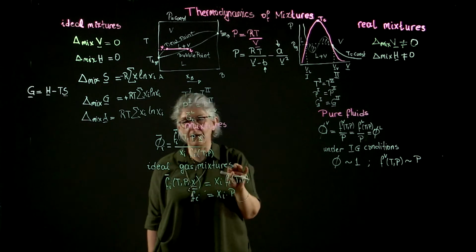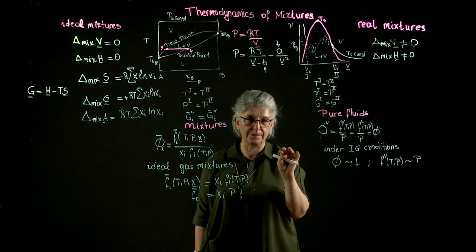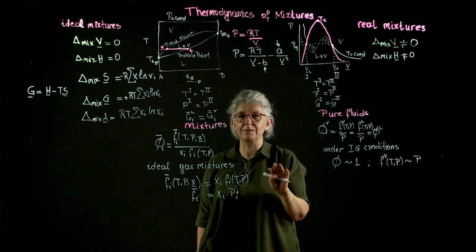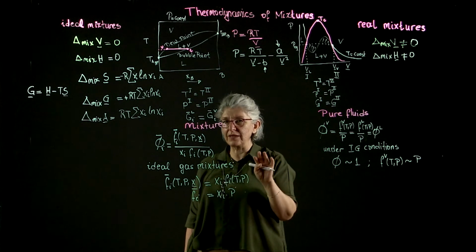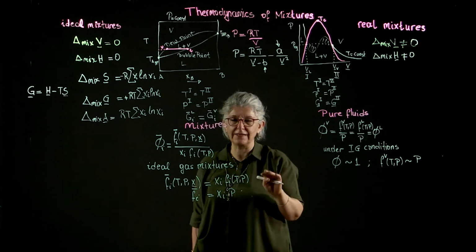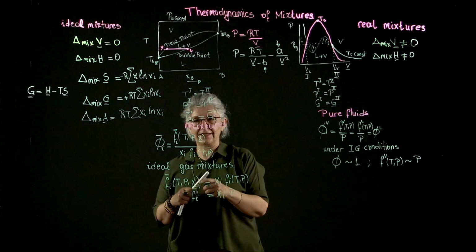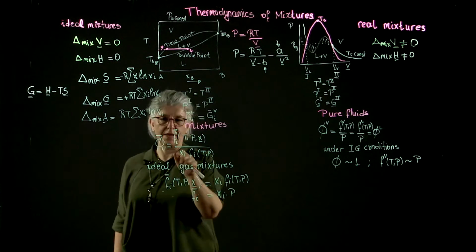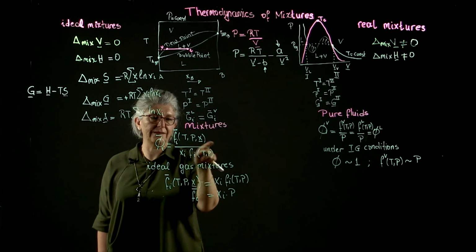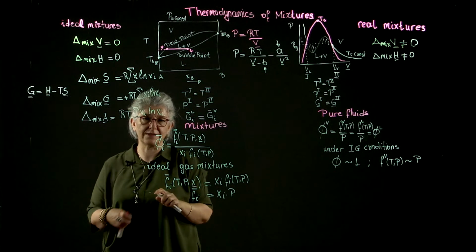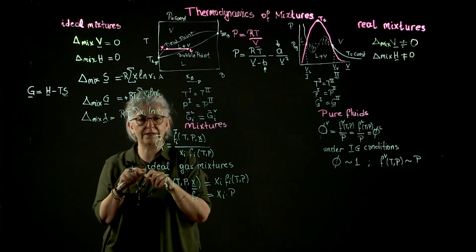Now, what happens on the liquid side? The liquid side is a little bit more difficult to handle because when we are in the liquid state, molecules tend not to behave ideally for a broad range of components. Now let's take this expression phi_i, the proportionality constant between the pure component fugacity and its contribution to the liquid state.